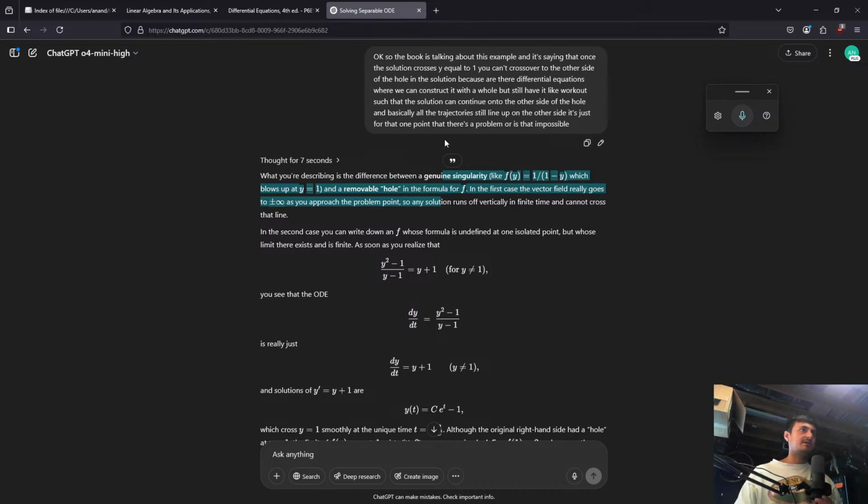Okay, what I was talking about is the difference between a genuine singularity and a removable hole.